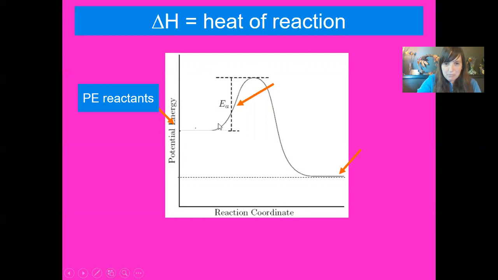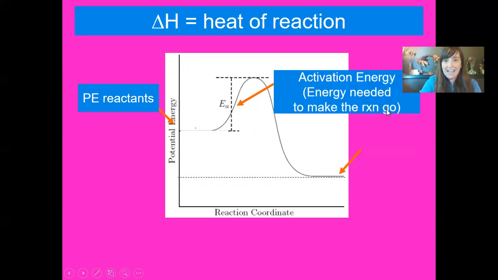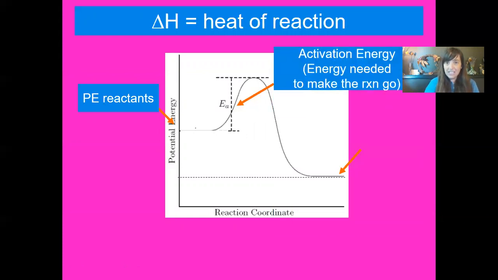Then we know we have to break bonds, put energy in. That part of the reaction we call the activation energy. That's the energy needed to make the reaction go. Or in other words, getting the molecules in the right orientation and breaking the bonds so that then they can come together in a new way and react and make new bonds.